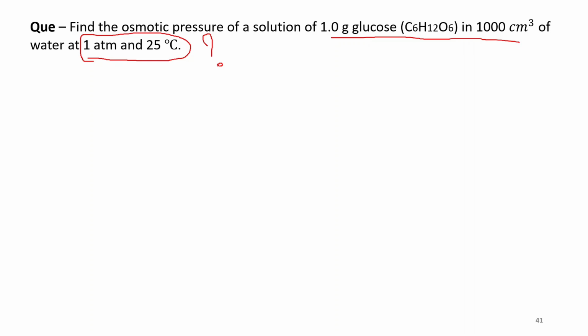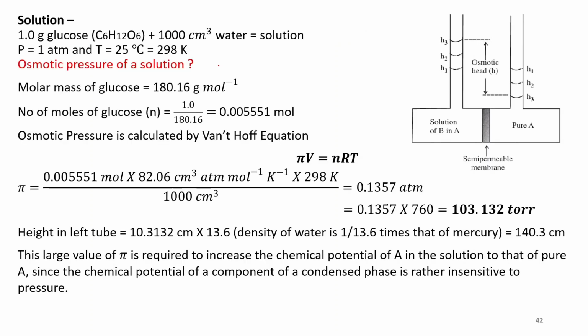So let's calculate. For calculating the osmotic pressure, we can apply the Van 't Hoff equation, which is osmotic pressure times volume is equal to nRT. We can calculate the n value because we know the molar mass and the molecular weight.